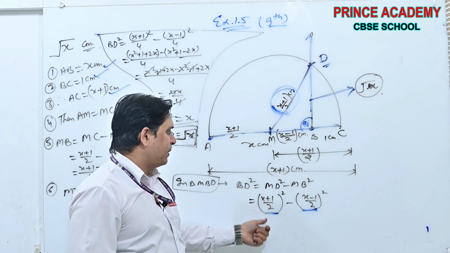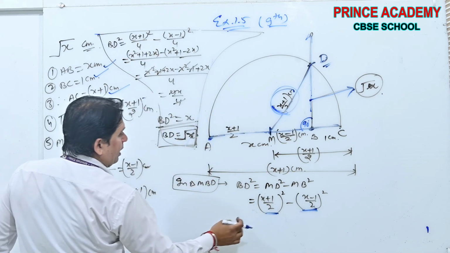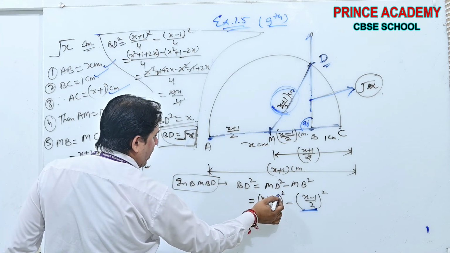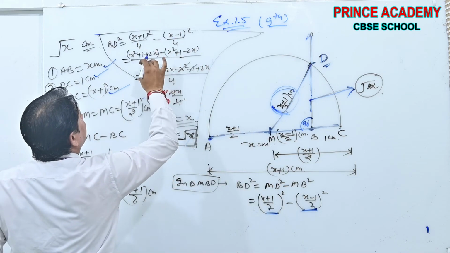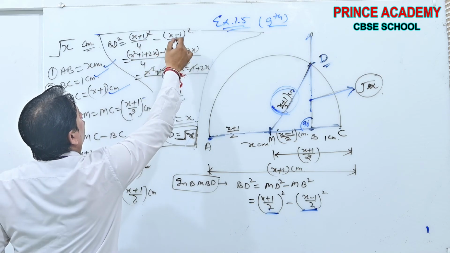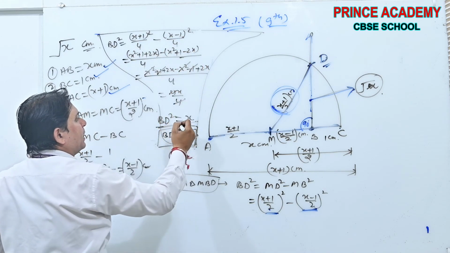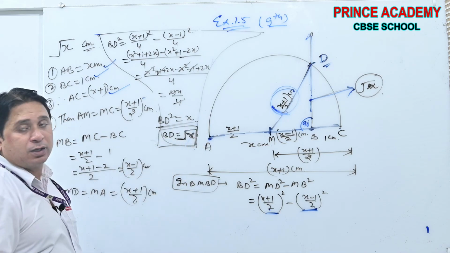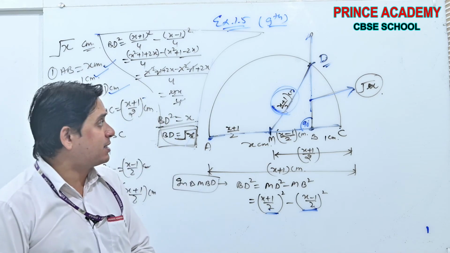BD square is equal to MD square minus MB square. Then we use x plus 1 square by 4, x minus 1 square by 4. Take the LCM, open the squares, and then subtract, you will get 4x by 4. BD square is x, BD will be root x. Hence this is the proof of the construction we have done in this question.